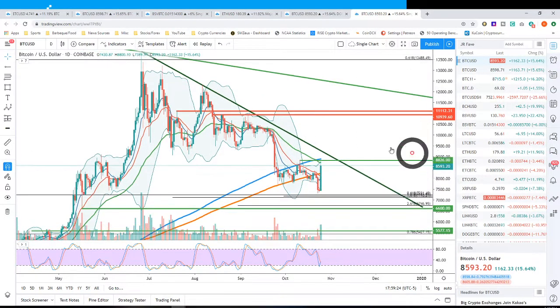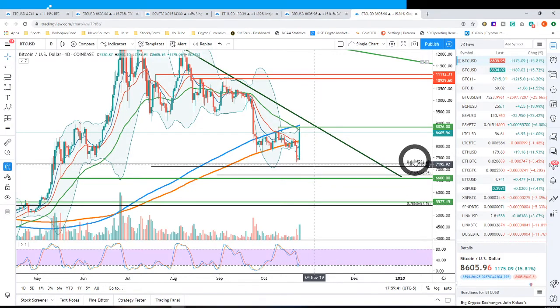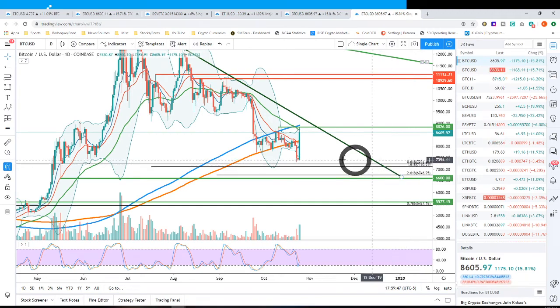What you're looking for is an area where multiple things line up. It could be the 61.8, could be the 38.2, but multiple fib numbers line up on each other. And when they get dark like this, it just means that that's a very important area. And that's why I made the call that I did on the weekly chart.